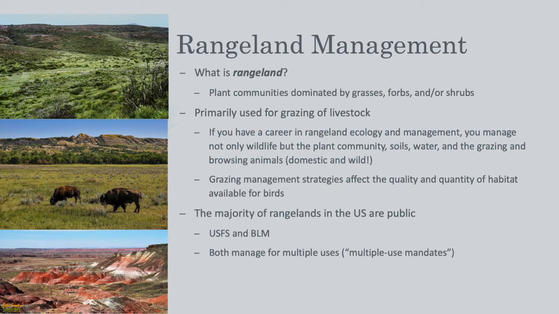And both of these agencies have what we call a multiple use mandate. That is, they are required to manage those public rangelands for multiple uses, whether that's recreation and grazing leases, livestock and wildlife viewing, or whatever the case may be. They manage for multiple uses.